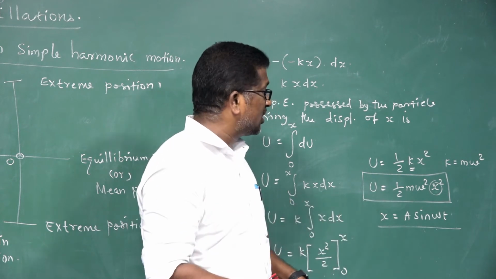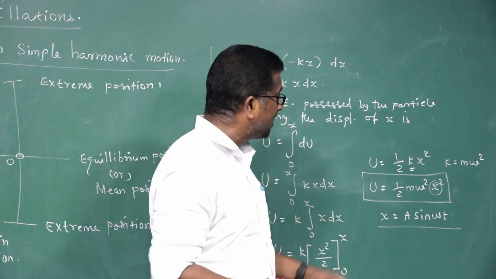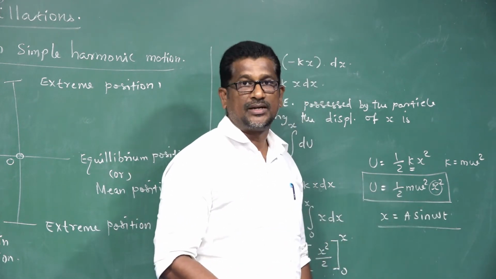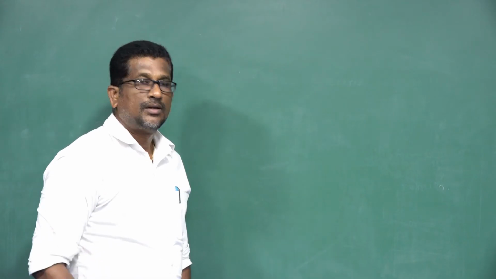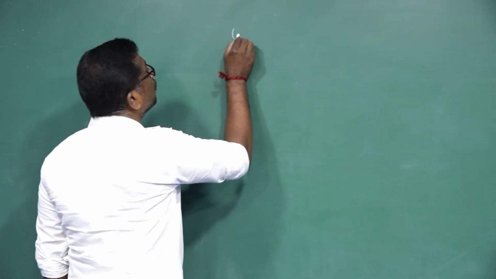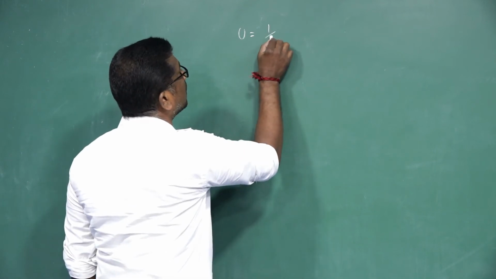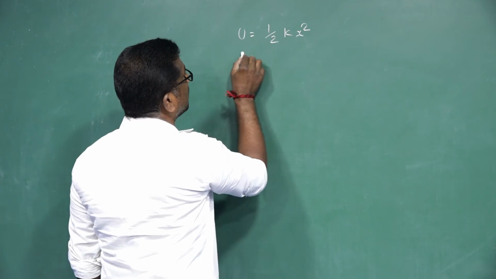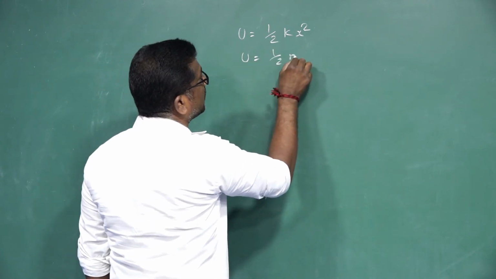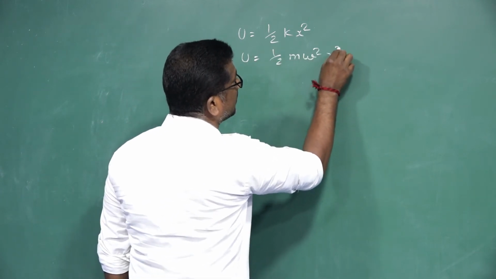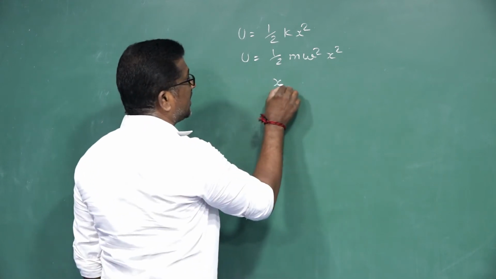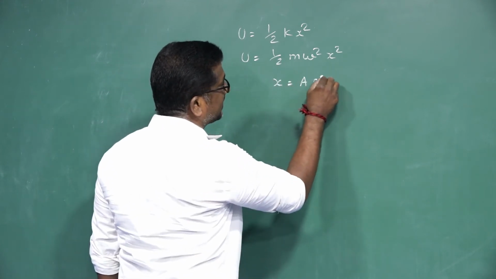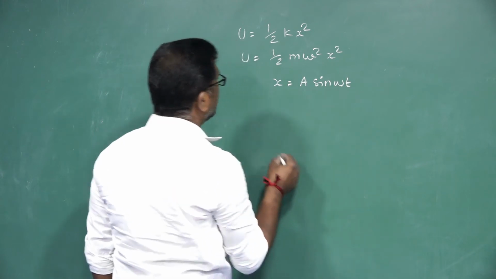Now the same potential energy expression can be obtained in terms of time. That is u is equal to half of k x square, or u is equal to half of m omega square x square, where x is equal to a sin omega t.